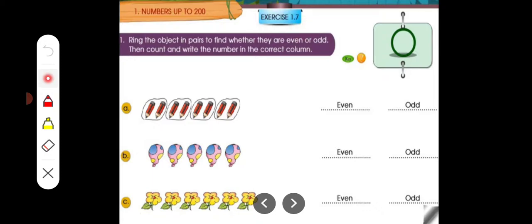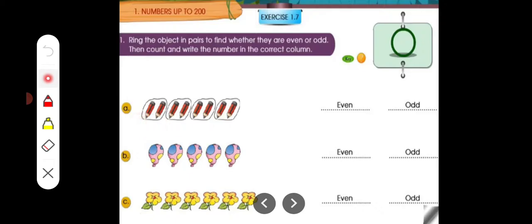Ring which is odd and even. Already you know what is odd and what is even number. Still, once again I will explain. Even number is nothing but a pair of numbers.